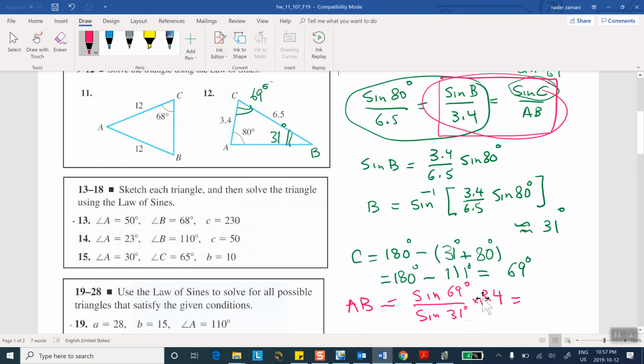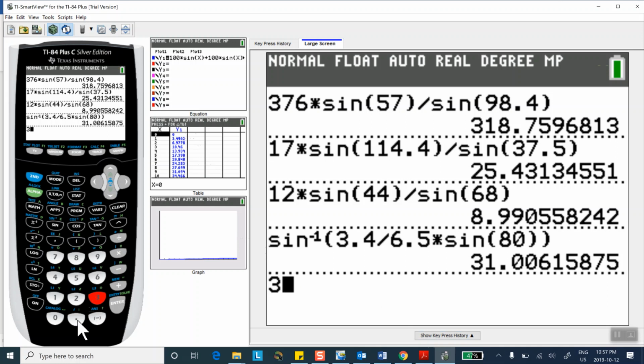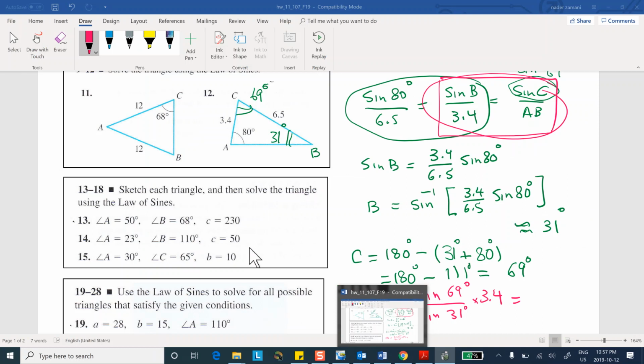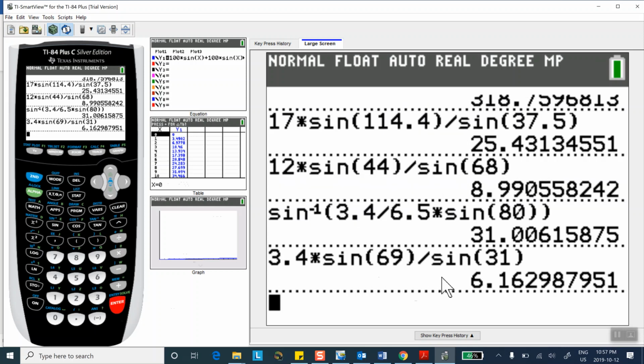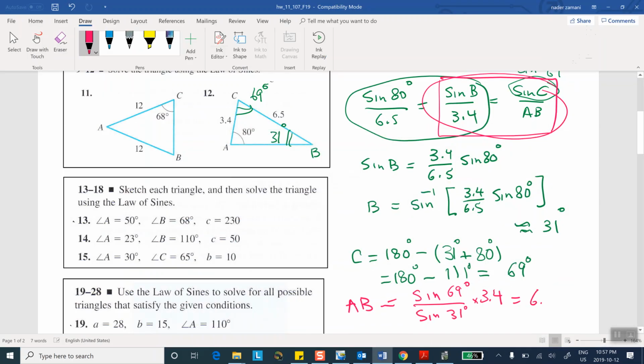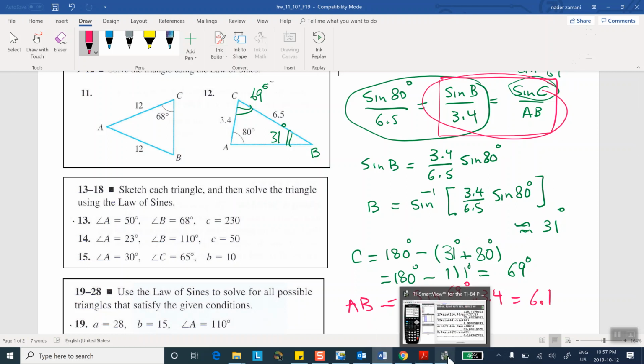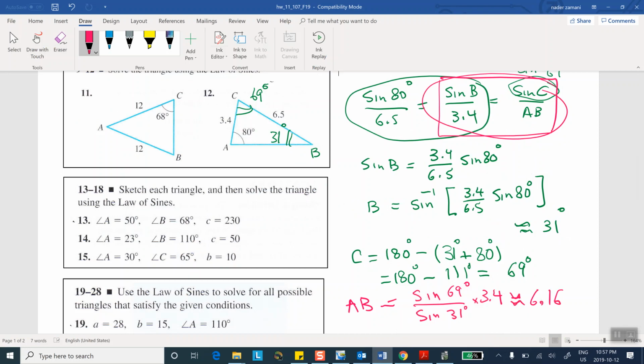Let me see now, 3.4 times sine of 69, close the parentheses, divided by sine of 31, close the parentheses, enter, and this is going to be 6.16, assuming we are rounding to the second decimal point.